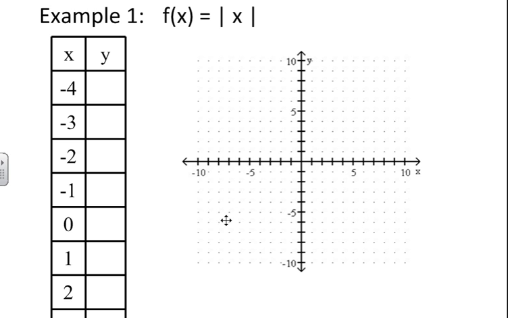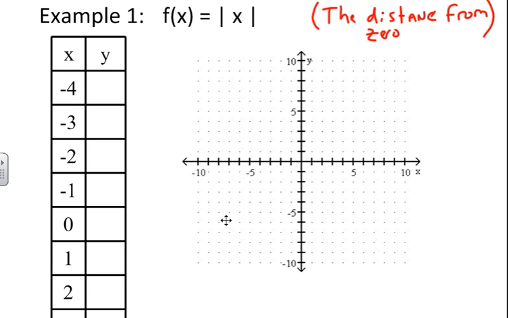Remember, absolute value is the distance from 0. So it's the distance the number is from 0.